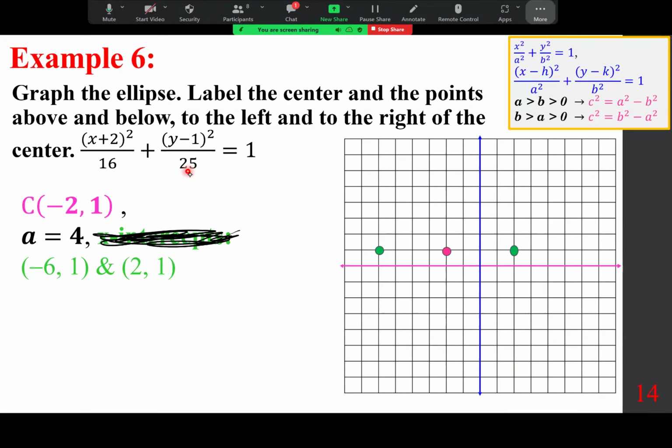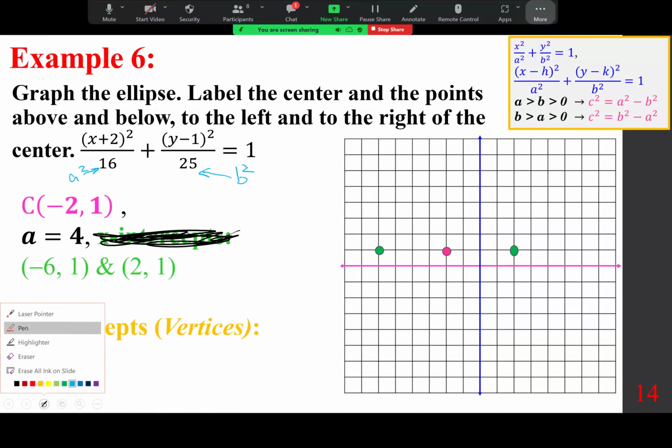B squared is 25. So b is 5. So the vertices, because b equals 5, we go back to the center.